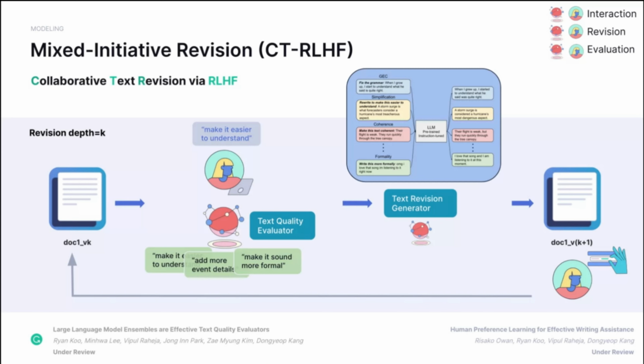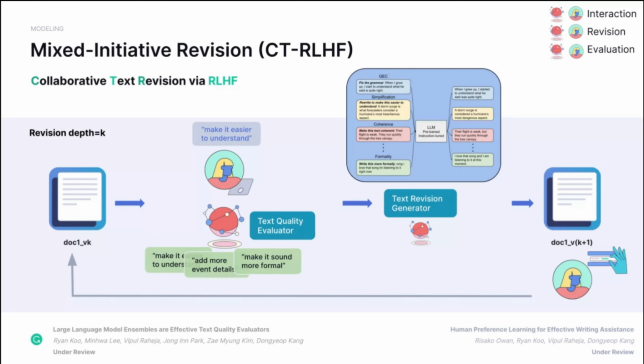We leverage human preference learning, or RLHF, reinforcement learning from human feedback, where we look at human preference data for text editing, which was essentially iterator that I talked about before. And we train an instruction-tuned text revision model that can make revisions that are better aligned with human preferences, basically what we did in Coedit.